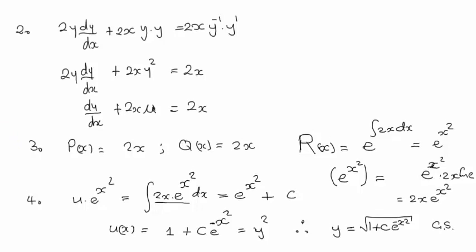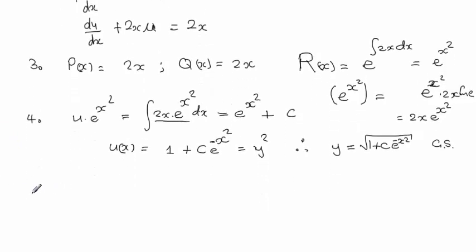Now, moving further on, for a particular solution, determining our particular solution, we will use the condition we were given, y at 0 is equal to 2, which implies that evaluating this expression, 1 plus c e to the power 0 squared is equal to 2.